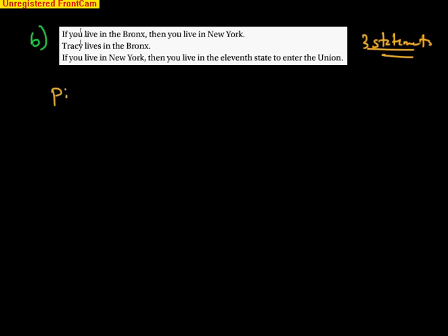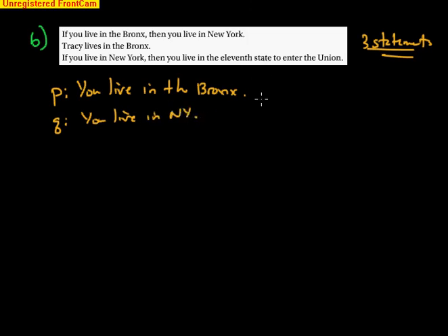So the first one, the first hypothesis, you live in the Bronx. The first conclusion, you live in New York. So that is a conditional, if P, then Q. Then I go to the second sentence.